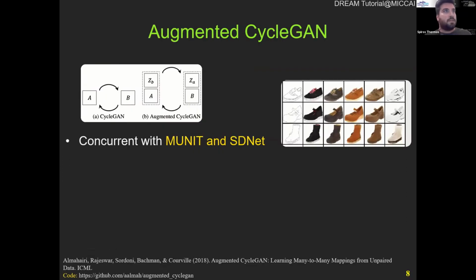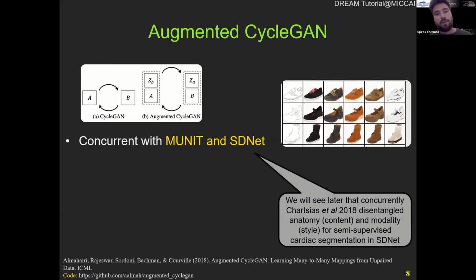Yes, let's go to the Augmented CycleGAN. As we said, the simple CycleGAN maps X and Y to separate latent spaces. The Augmented CycleGAN is used mostly. It's concurrent with MUNIT and SDNet. We're going to see SDNet in the medical applications part.